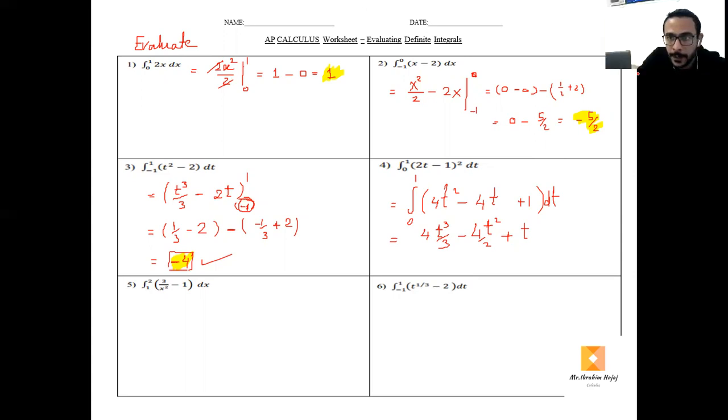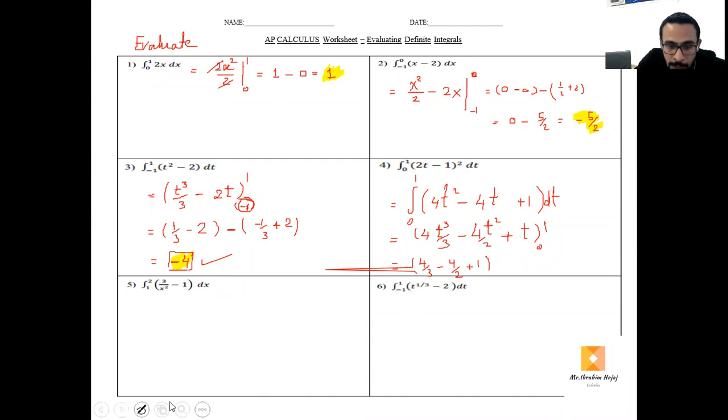Sorry, Rahman Abiyad. Yes. Okay, so now simplify, substitute 1 into 4t cubed over 3 from 0 to 1. Minus 4 over 2, let's do it all in the calculator. Placing 1, we have 4 over 3 minus 4 over 2 plus 1.